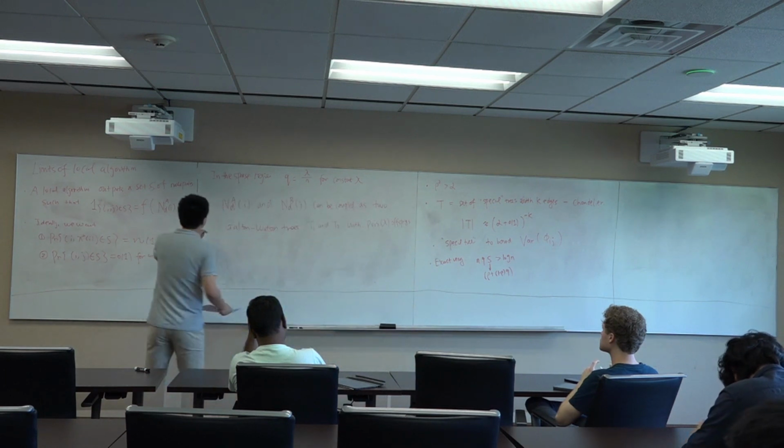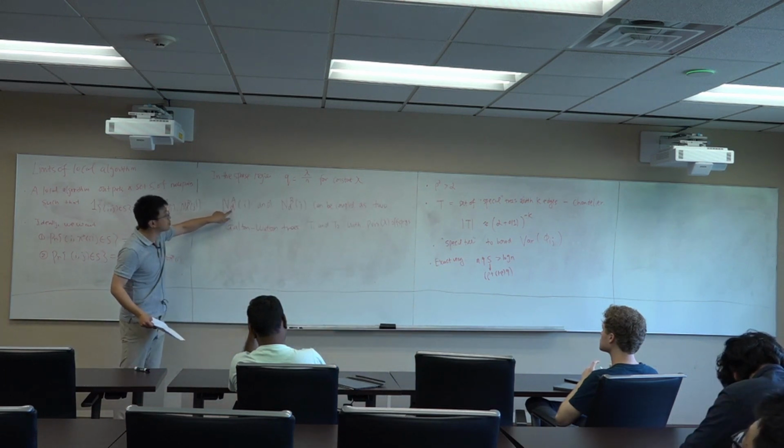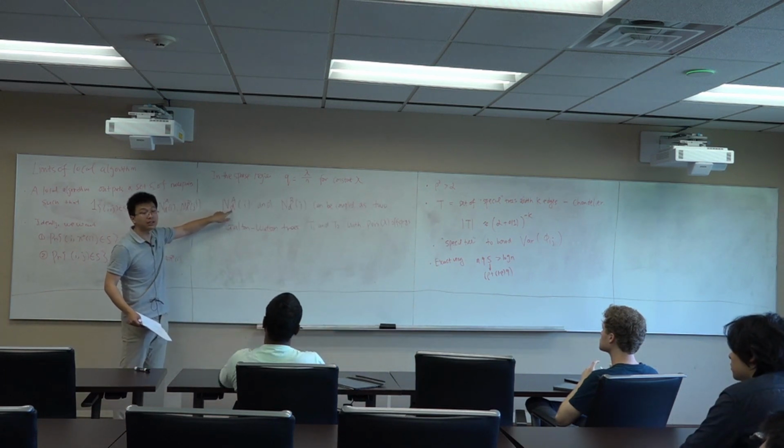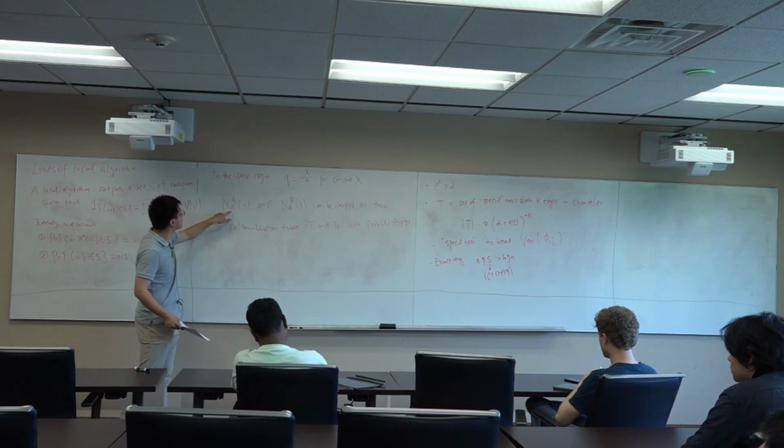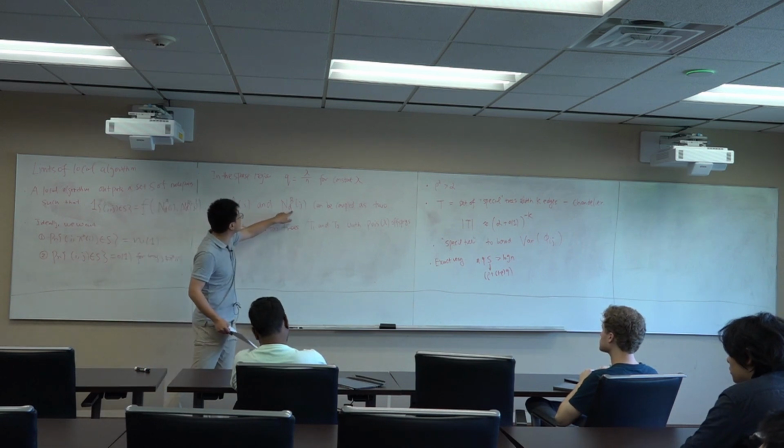Let me emphasize something I didn't explain: the notation D here means the depth, the D-hop neighborhood. So this is the D-hop neighborhood of I in A, and this is the D-hop neighborhood of J in B.